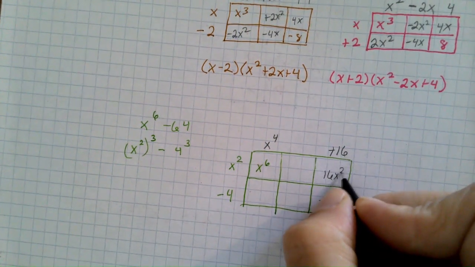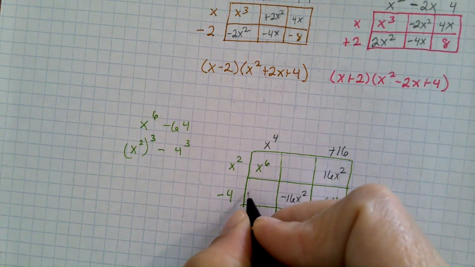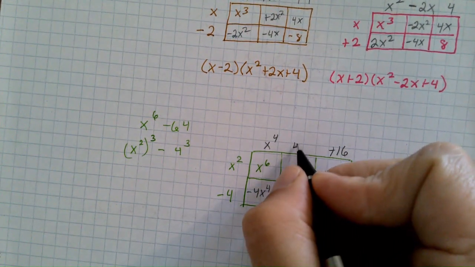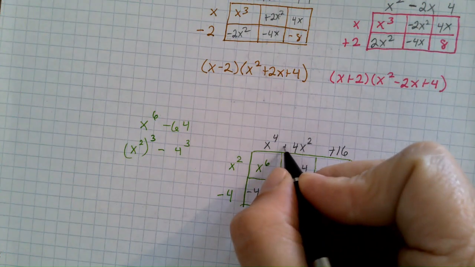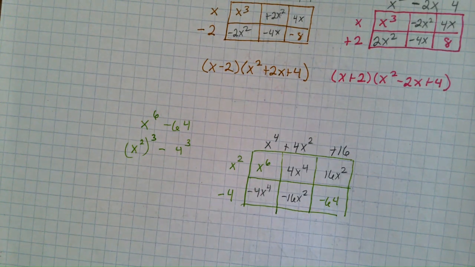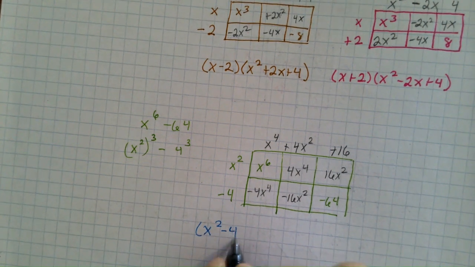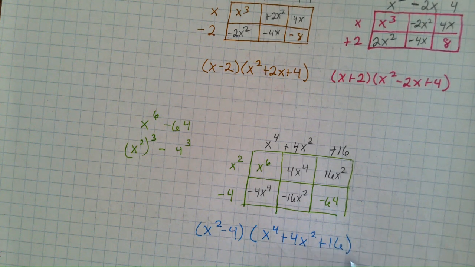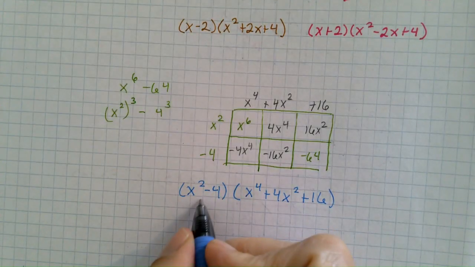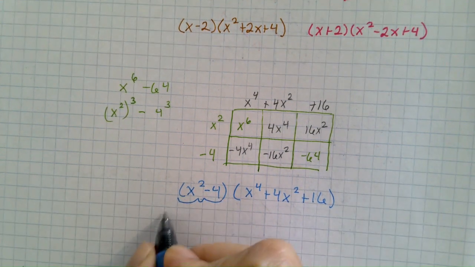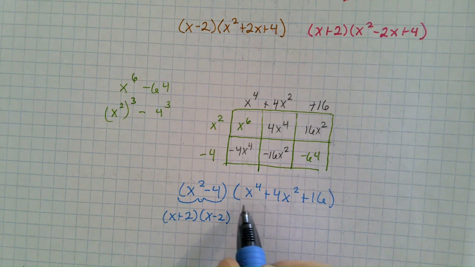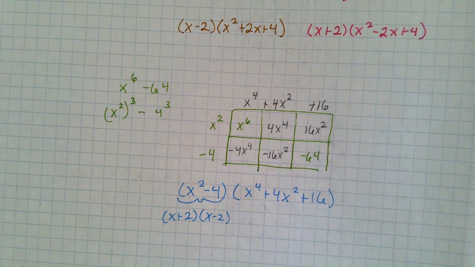This would have been 16x squared, so negative 16x squared, negative 4x to the 4th, so positive 4x to the 4th. We would have had a GCF of 4x squared. So that gives us x squared minus 4 and x to the 4th plus 4x squared plus 16. Then we would have broken this down to x plus 2, x minus 2. And if you would graph this, the graph would have been a bit complicated because it's to the 4th power.